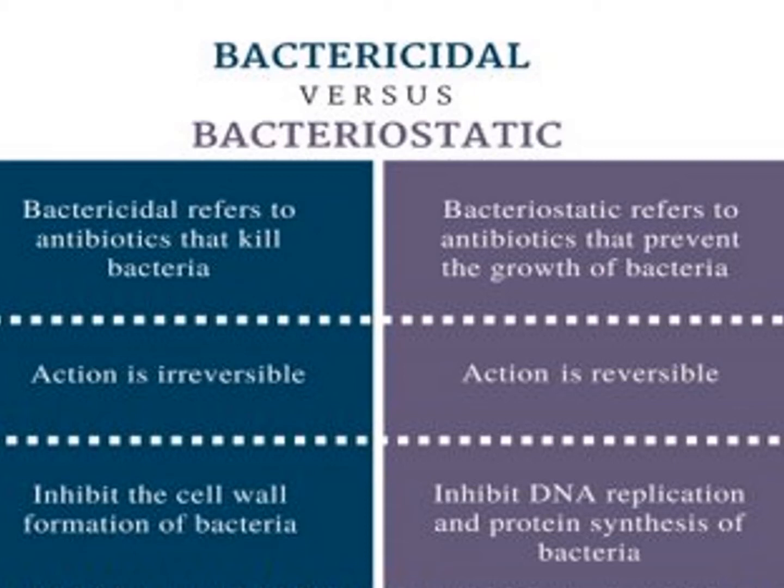So it just stops bacterial division, and in that way it stops the spreading of bacteria and lets the immune system of the patient destroy the bacteria, compared to bactericidal, which kills the bacteria directly.